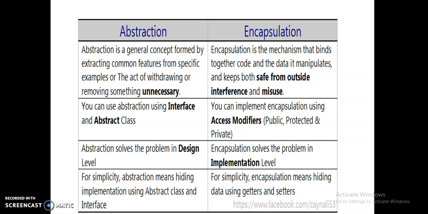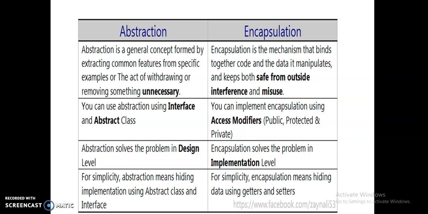That is a common feature of abstraction. Abstraction is a general concept formed by extracting common features from specific examples, or the act of withdrawing or removing something unnecessary. But encapsulation is the mechanism that binds together the code and the data it manipulates and keeps both safe from outside interference and misuse.